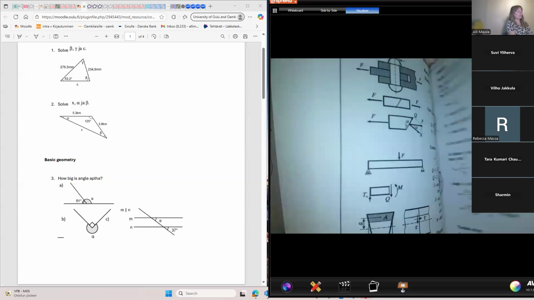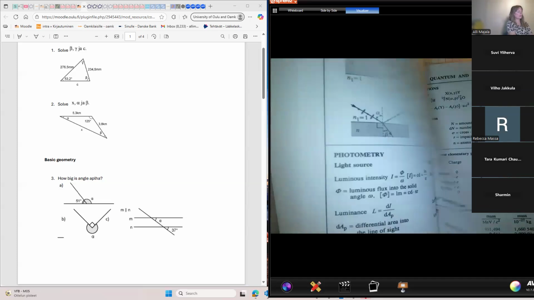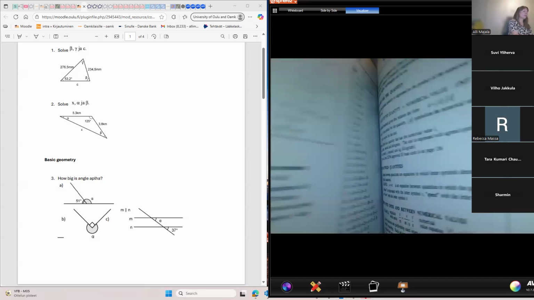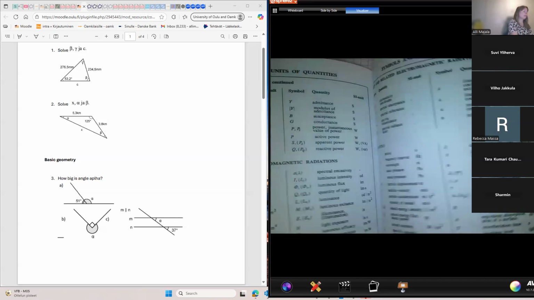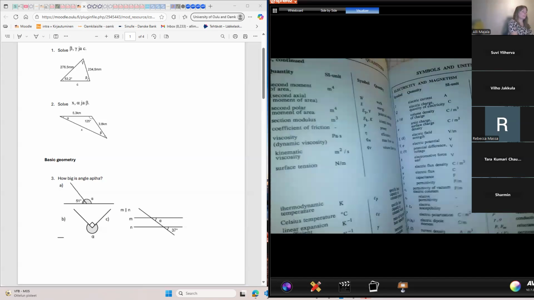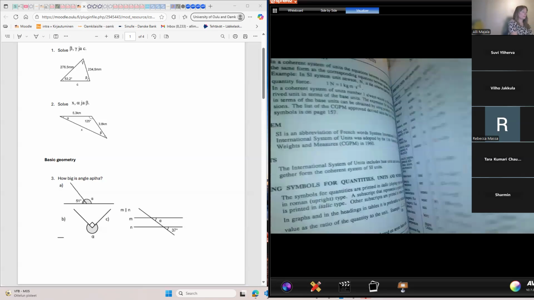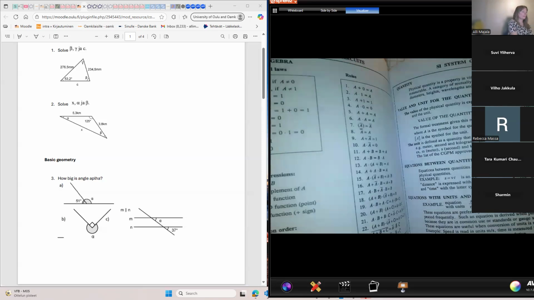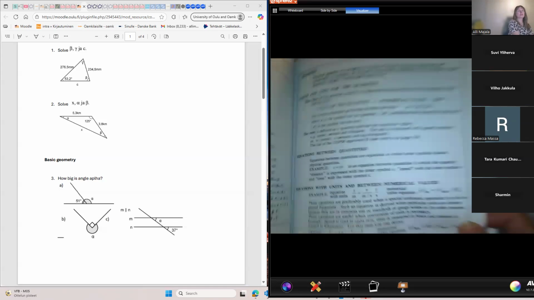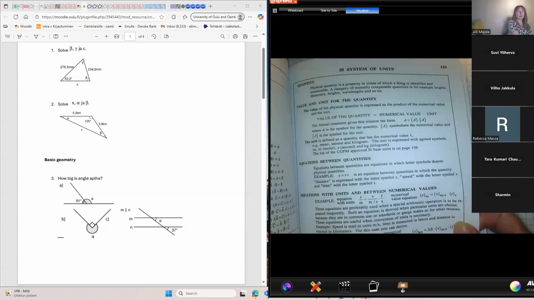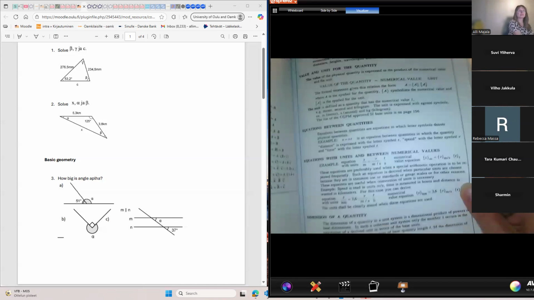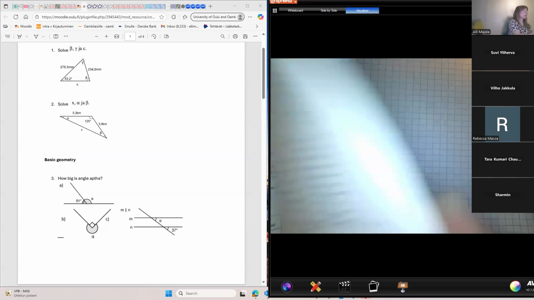Where is it here? Strength. Maybe it was after that. Here. Unit for unit conversions. This might become useful as well. SI system.